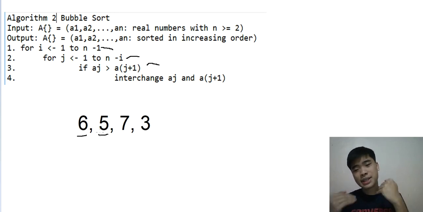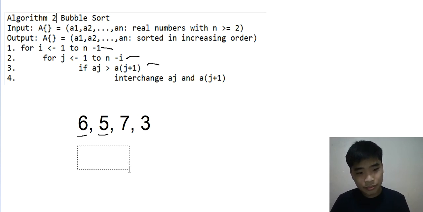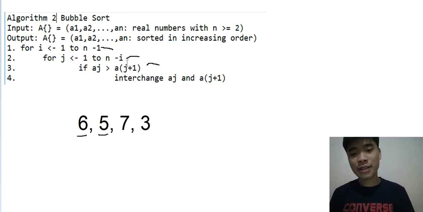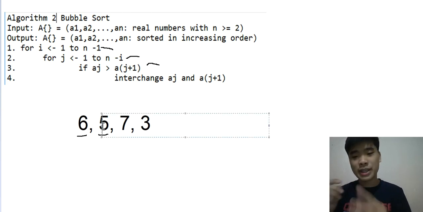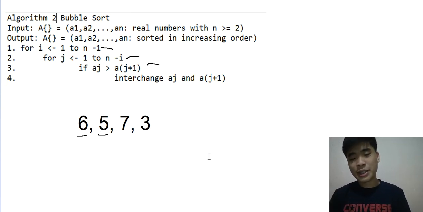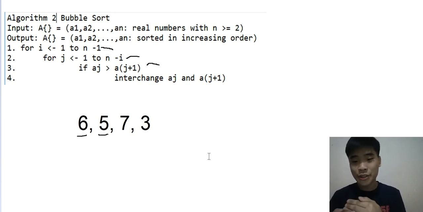Since 6 is greater than 5, we interchange them. Then we compare 6 with 7, since it is in the current position of 5. Since 6 is less than 7, we do not interchange.